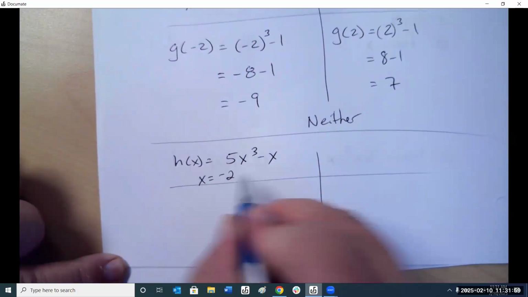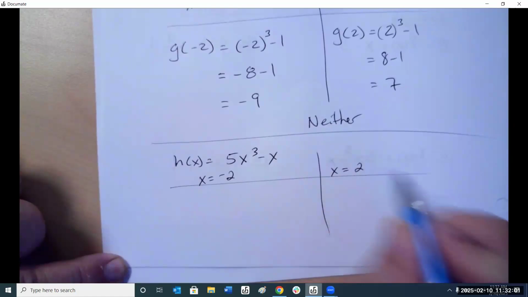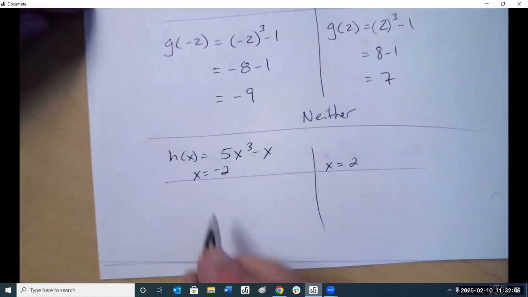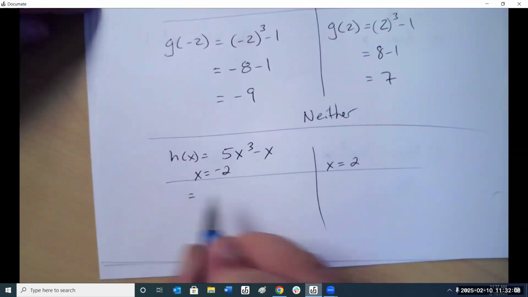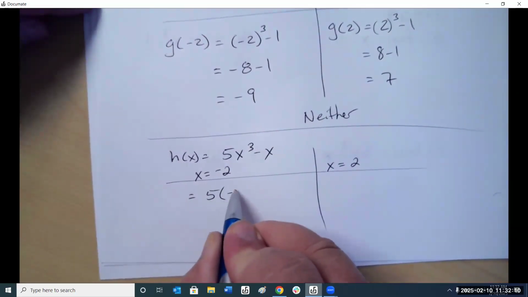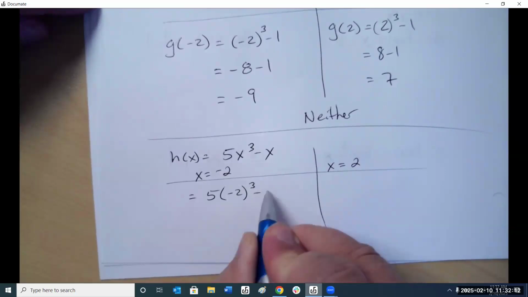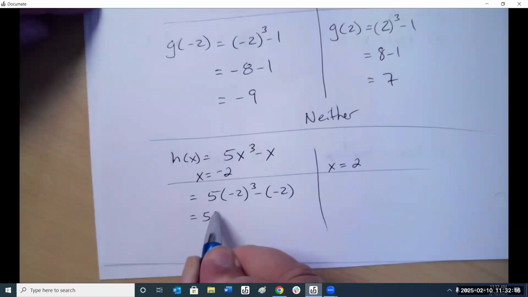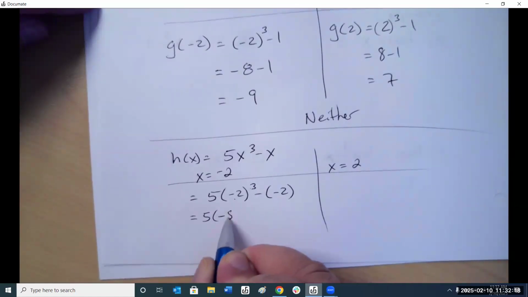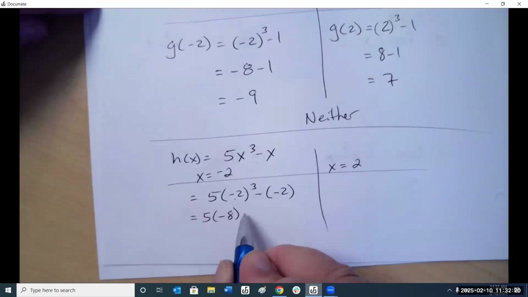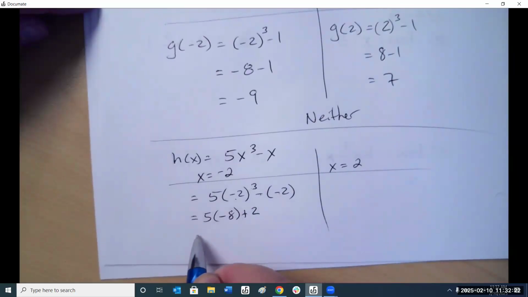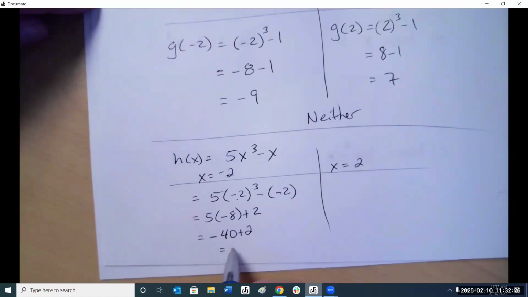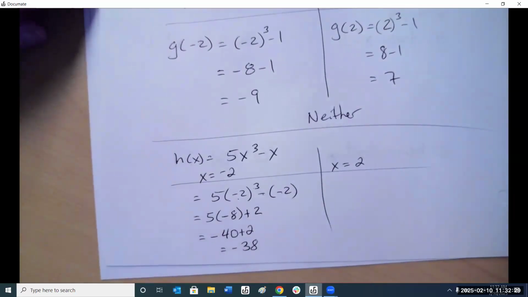X equals -2, x equals 2. Five times -2 cubed minus -2. -2 cubed is -8. Negative and negative makes a positive. So -40 plus 2 is -38.